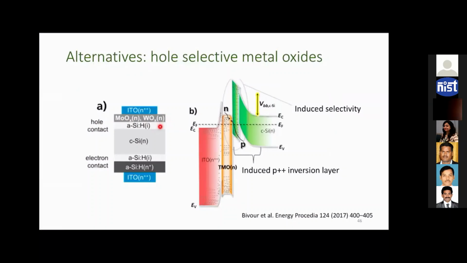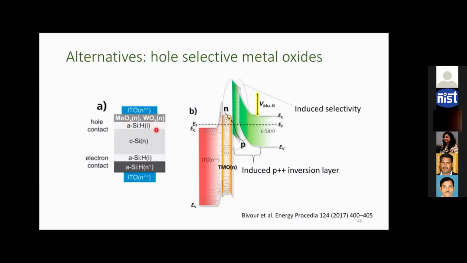And this structure actually retains the intrinsic amorphous silicon as a passivation layer, because in reality it is very difficult to replace this amorphous silicon, because it provides excellent passivation of the crystalline silicon surface. So let us keep the intrinsic amorphous silicon, and replace the p-type amorphous silicon by this molybdenum oxide or tungsten oxide.